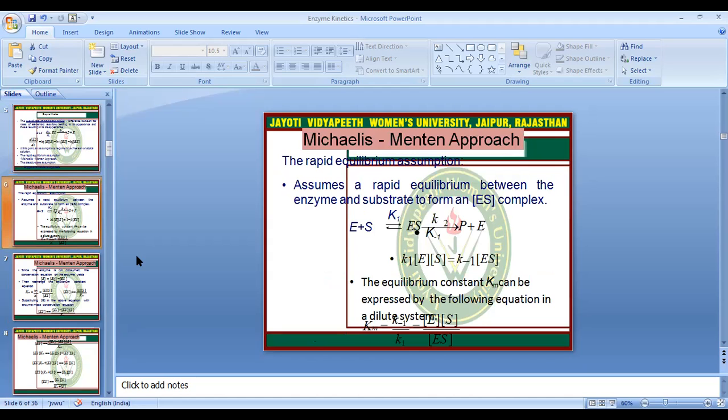Michaelis-Menten approach: the rapid equilibrium assumption assumes a rapid equilibrium between the enzyme and substrate to form the ES complex, meaning K1[E][S] = K-1[ES]. The equilibrium constant, Km, can be expressed by the following equation in a dilute system: Km = K-1/K1 = [E][S]/[ES].